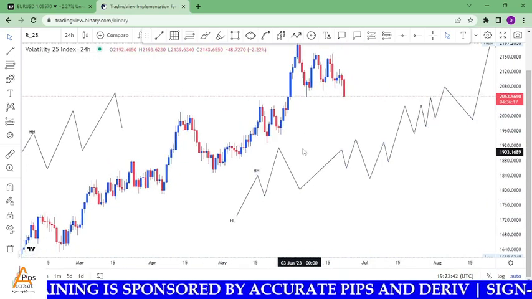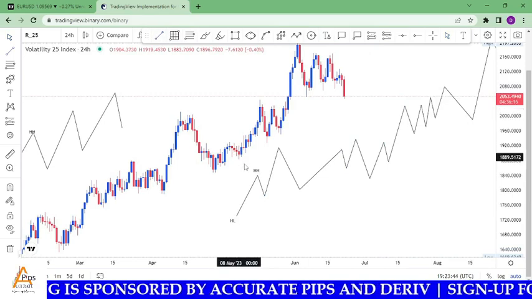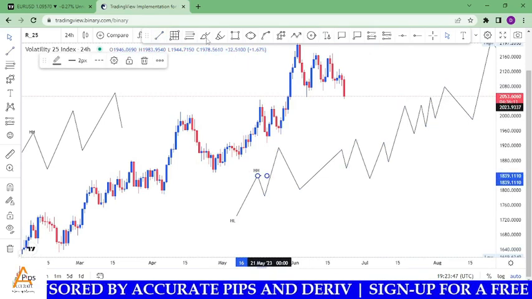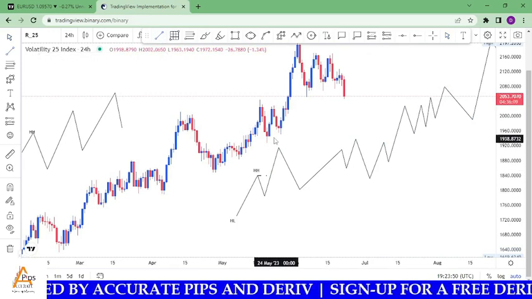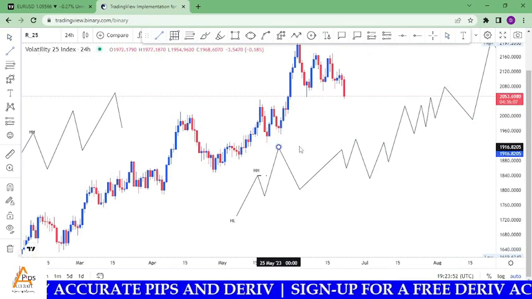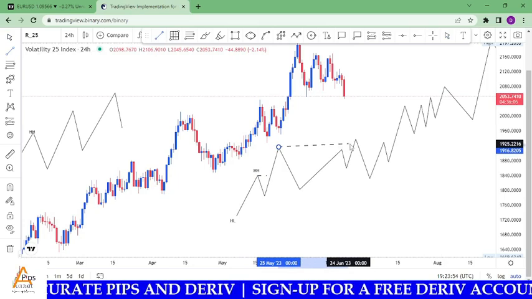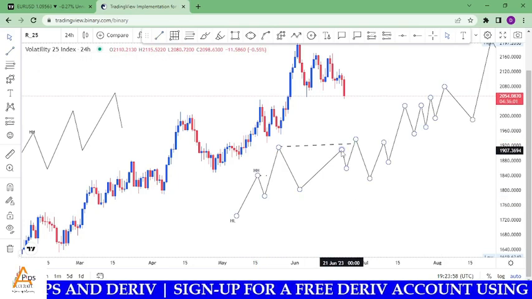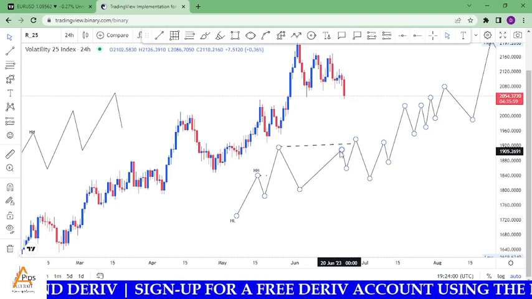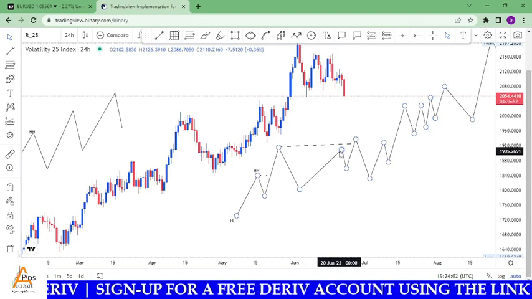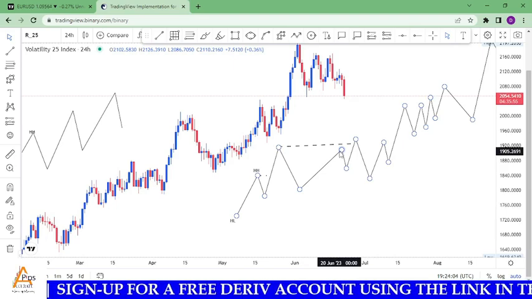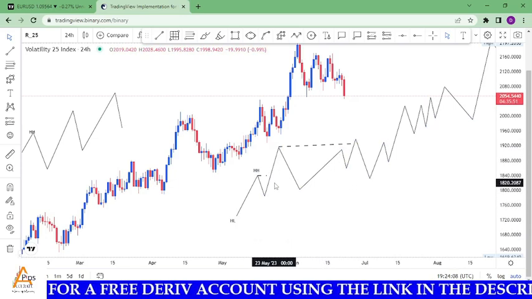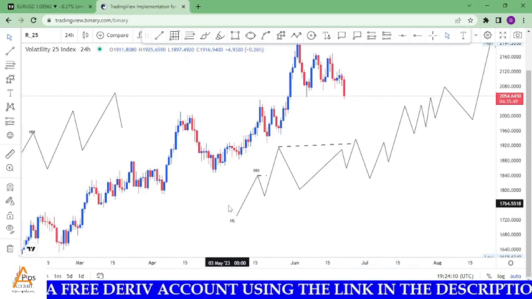Now, you can see we broke this guy to create a new higher high, and the market came down. But look at where this higher high was broken. It was broken here. Therefore, this particular high that formed here is not the new higher high in this structure. It is an internal structure formed within the main structure.